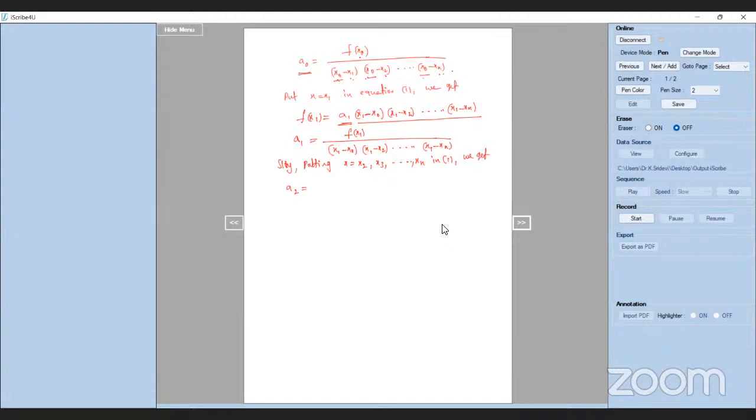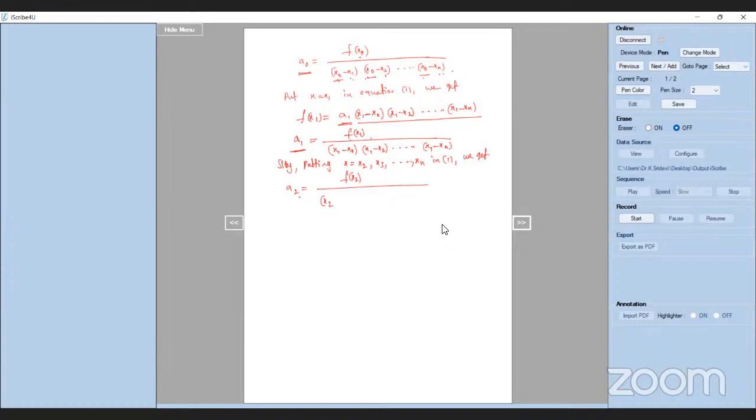In the same manner, for the a1 value, in the numerator, f of x1 is there. So according to this, for the a2 value, in the numerator, f of x2 will come. In the denominator, what will come? x2 minus x0, and so on, will come definitely.